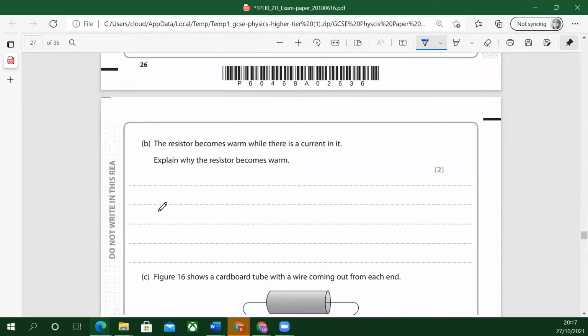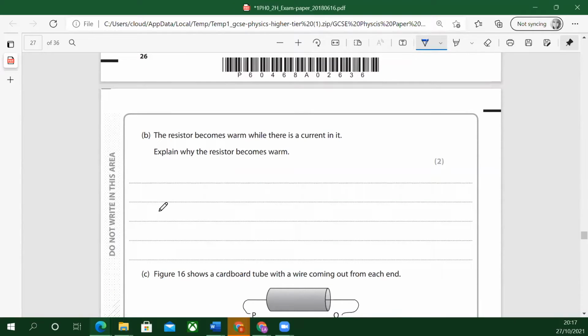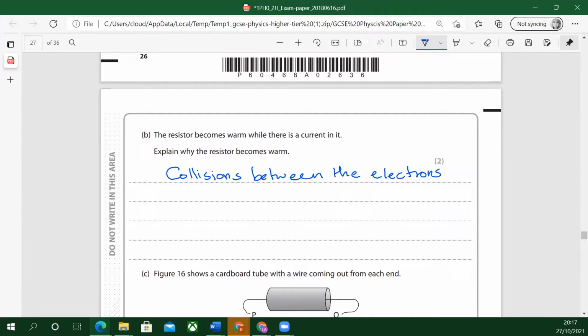The resistor becomes warm while there is a current in it. Explain why the resistor becomes warm. So why does a resistor become warm? Any component becomes warm because of collisions between the electrons and the metallic lattice.